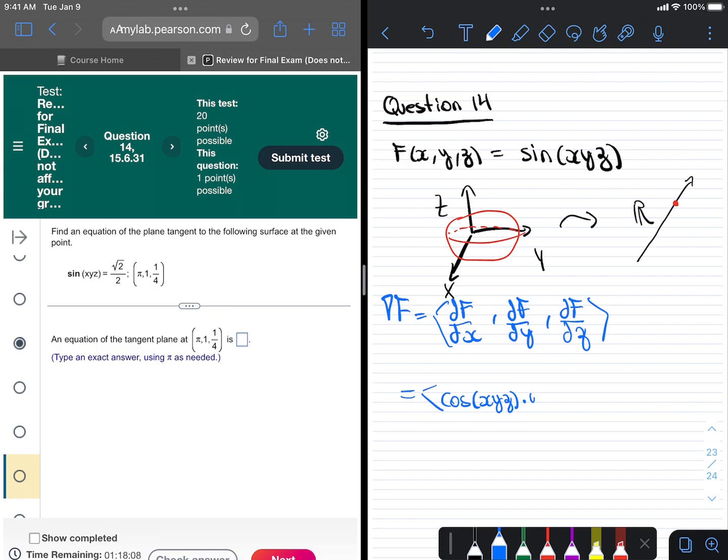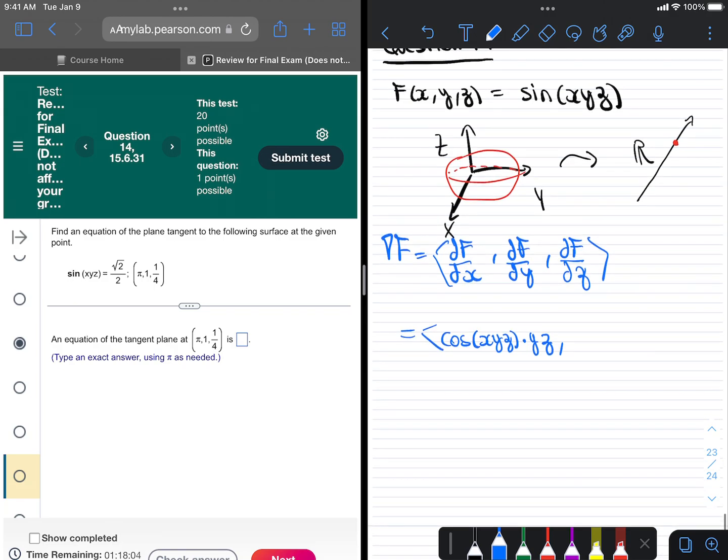So the derivative is yz. And then repeat the process 2 more times. So it's the cosine of xyz times, now with respect to y, the result is xz, comma, the third coordinate will be the cosine of xyz times the derivative of the inside with respect to z, which is xy.